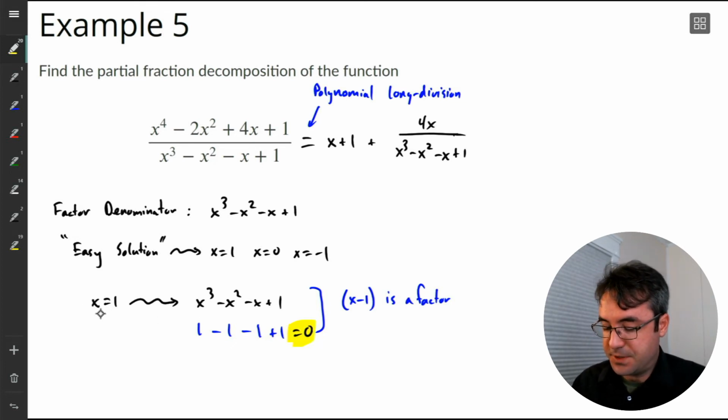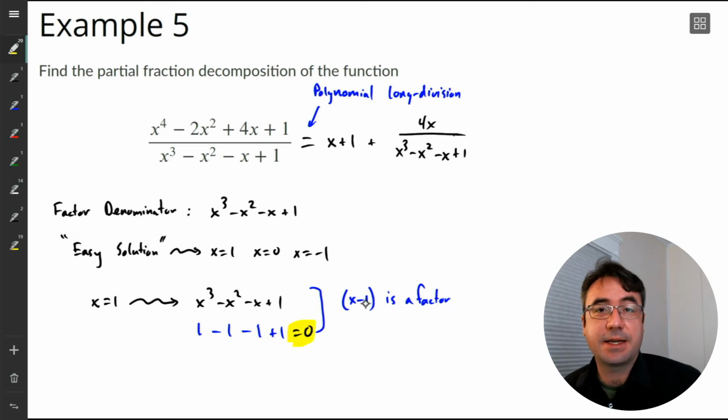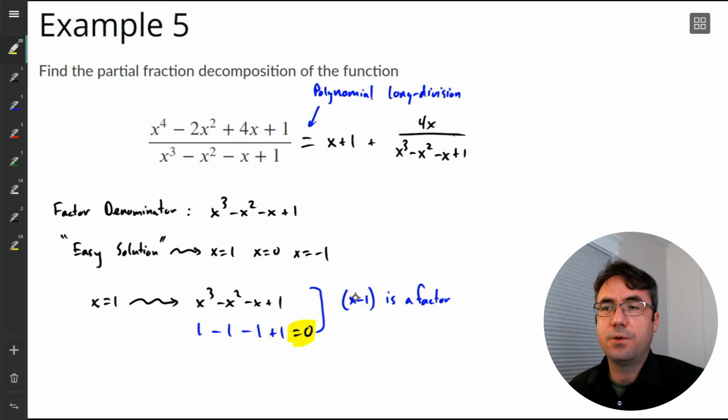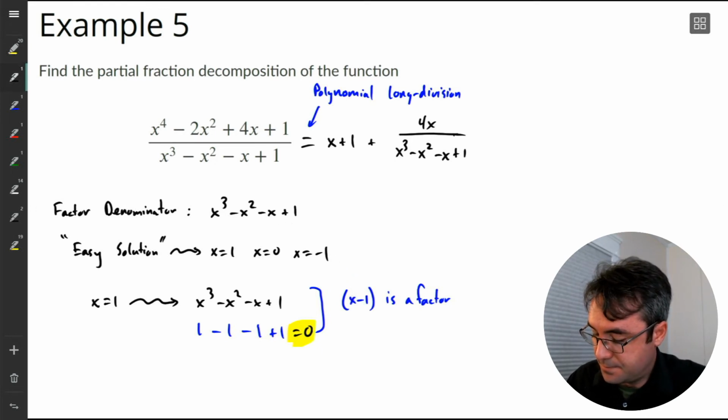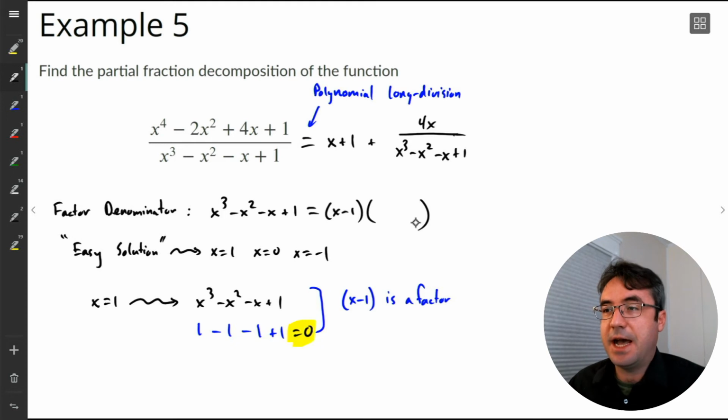Since we plugged in x equals 1, the corresponding factor is x minus 1. So this thing does factor. We can factor out an x minus 1, and the question is, how do we figure out the remaining piece?